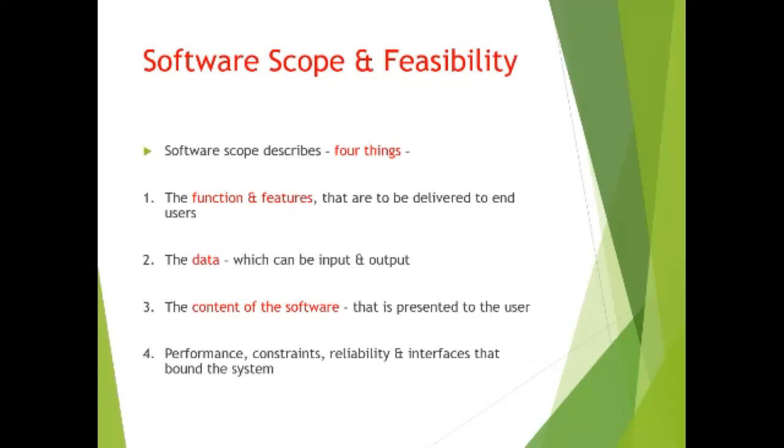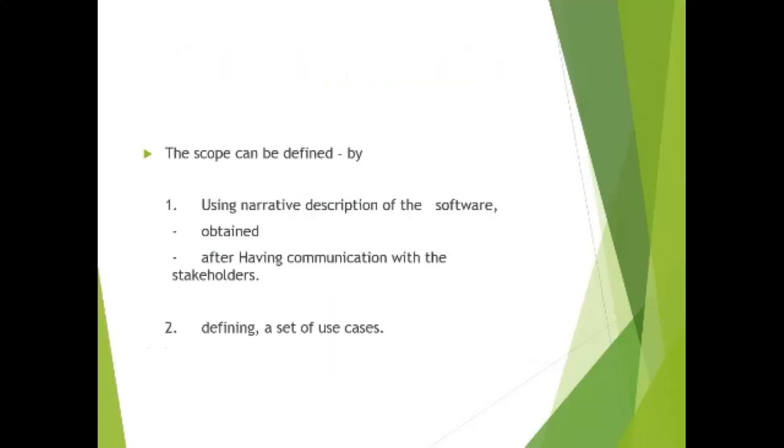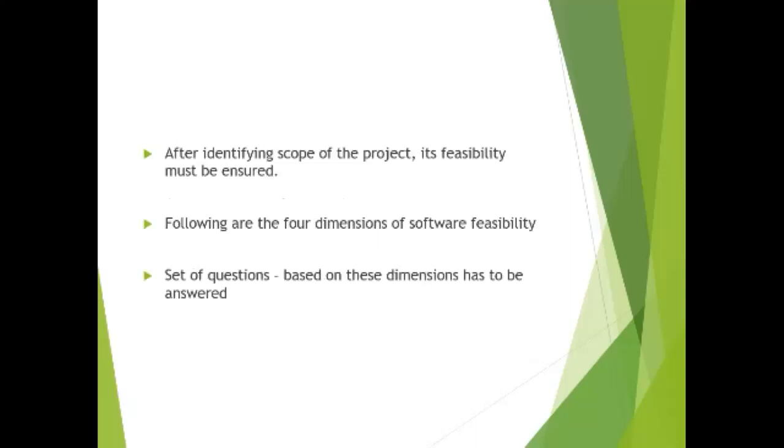And last, performance, which concentrates on reliability and interfaces that bound the system. The scope can be defined first by using a narrative description of the software obtained after communication with the stakeholders, and second, by defining a set of use cases.